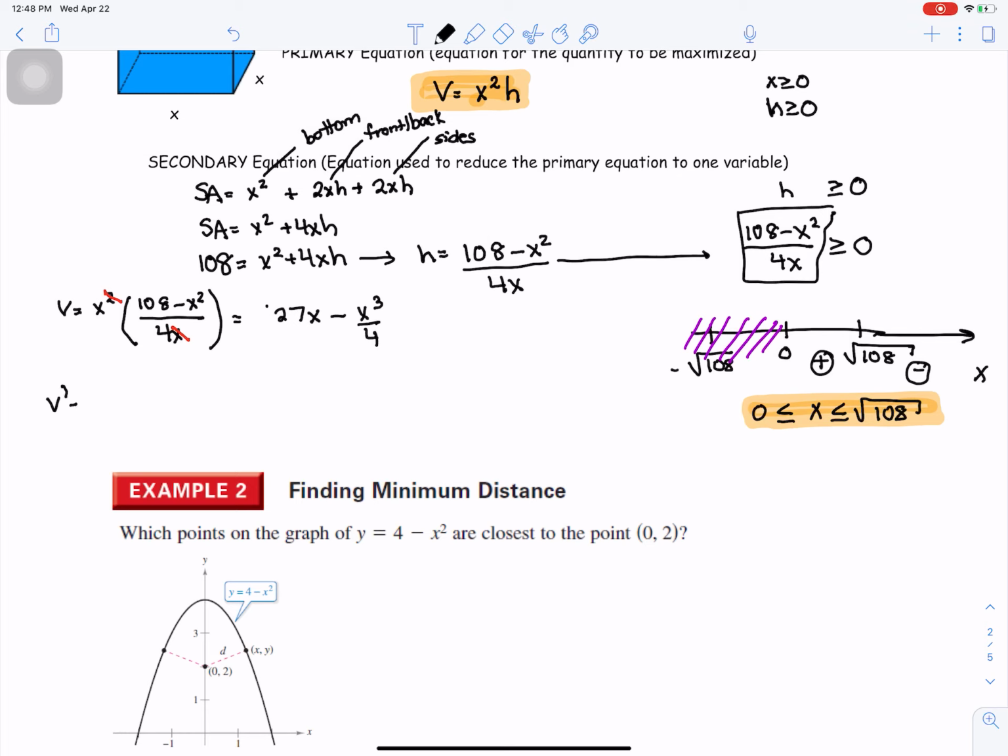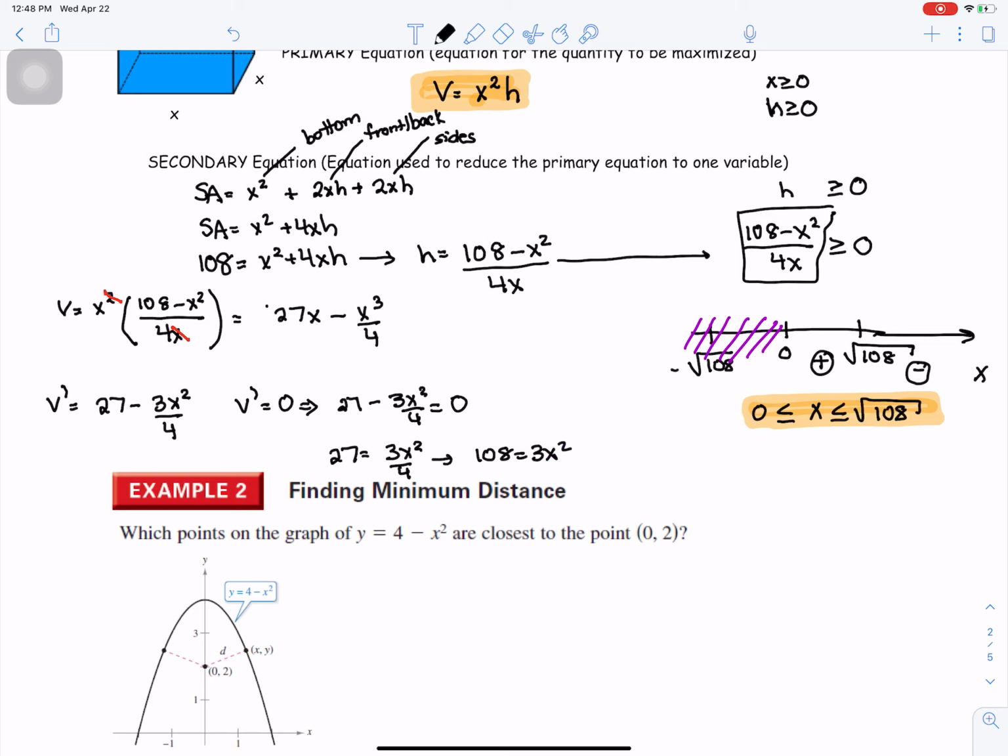Take the derivative: 27 minus 3x squared over 4. I set my derivative equal to 0 or undefined to find critical points. So this is going to be 27 minus 3x squared over 4 is equal to 0. 27 is equal to 3x squared over 4. 108 is equal to 3x squared.